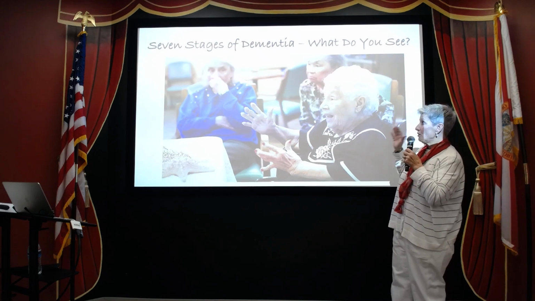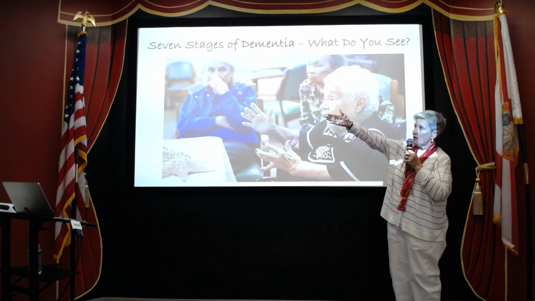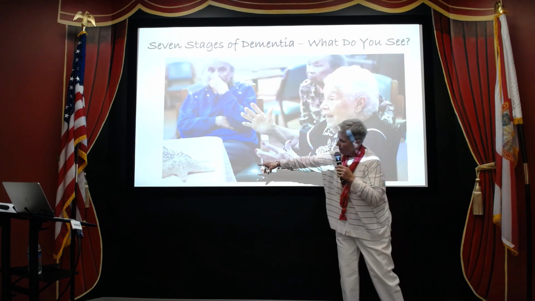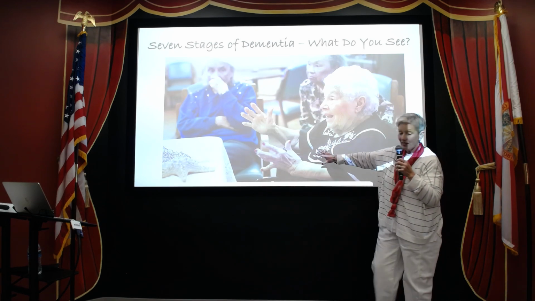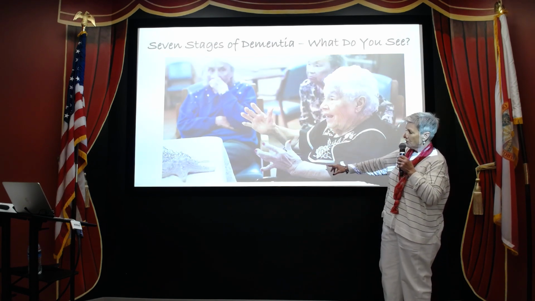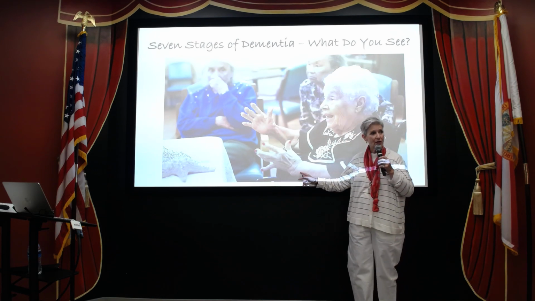So just as a rule of thumb, this is a stage 5 lady. She's very locked on and engaged to an activity director who's just out of the picture. They're actually talking about the sea. This was taken in Florida. This lady is stage 5, and I'm assuming the OT people have already picked up something about her hands.